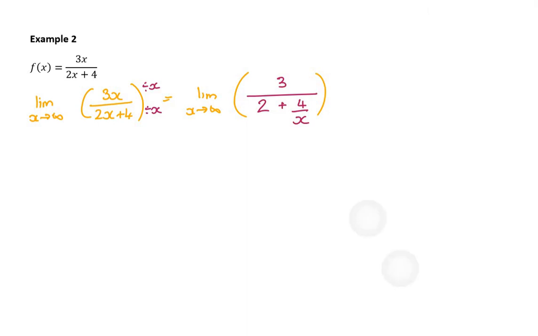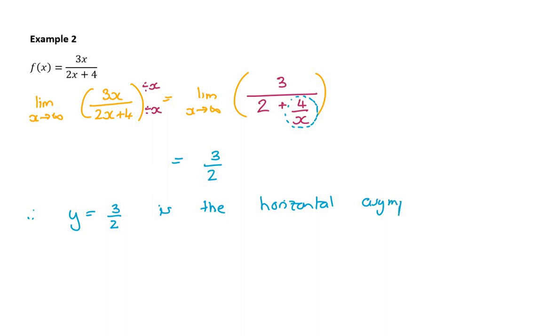Now what happens is, 4 divided by x is going to tend to 0 as x tends to infinity, because 4 divided by an absolutely massive number is 0. So this will tend towards 3 over 2. So therefore, y is equal to 3 over 2 is the horizontal asymptote, simply because as x tends to infinity, the graph will tend to y is equal to 3 over 2.